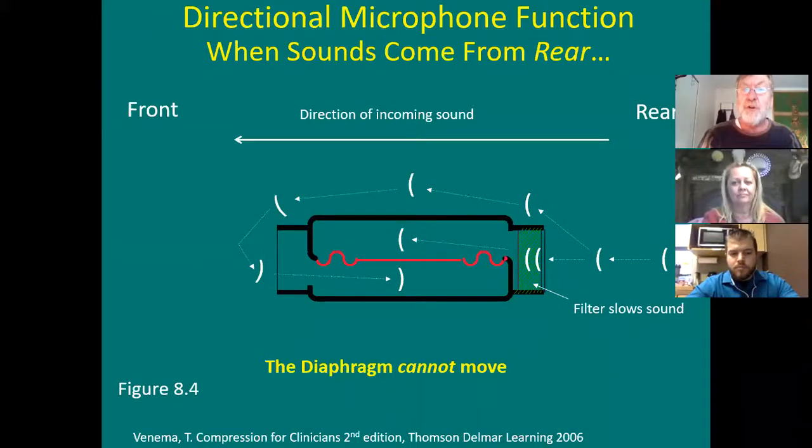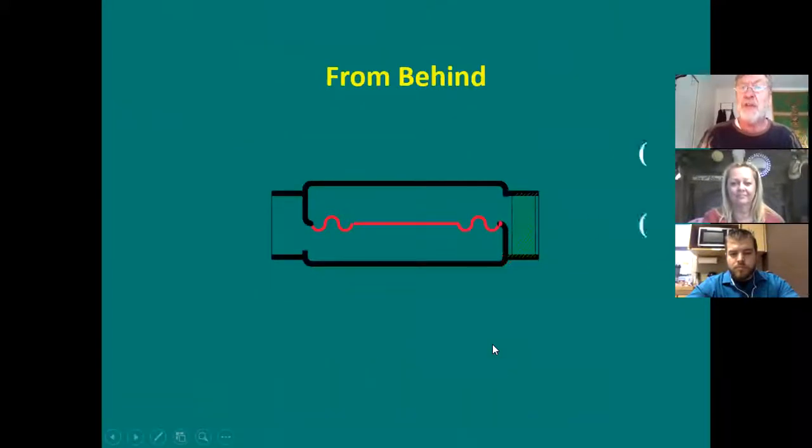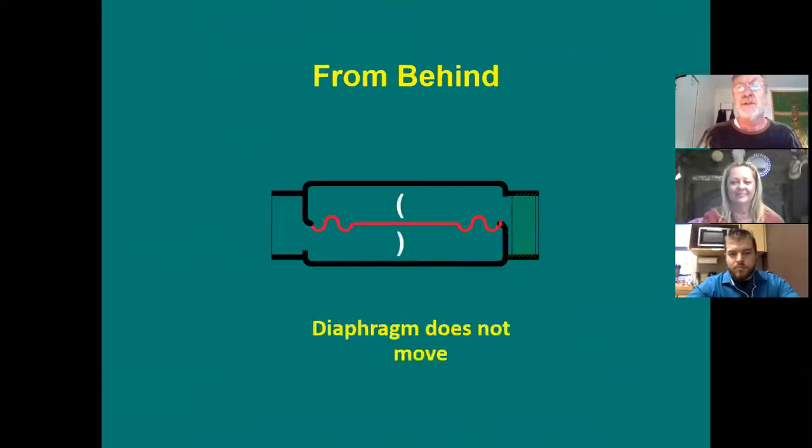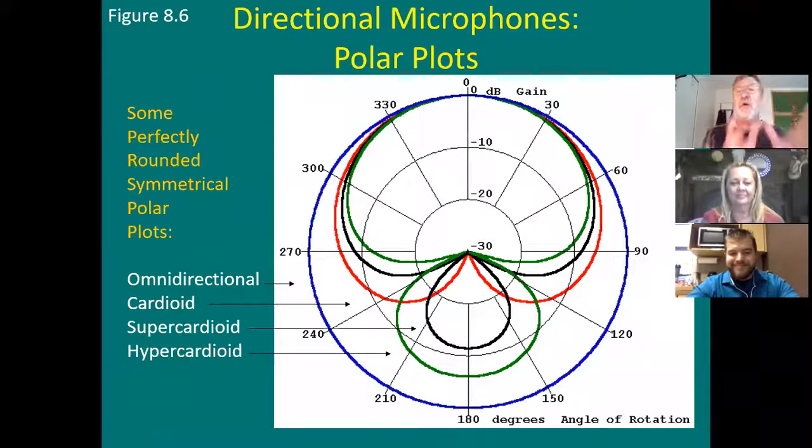So we'll look at how that actually is plotted in what they call a polar plot. And it has nothing to do with the North Pole or Santa Claus. Okay? So let's go through our little slides here. Here's a polar plot. So here it is, directional mics. Now pretend I'm this round guy and I'm wearing the hearing aid on top of my head. Now people don't do that.